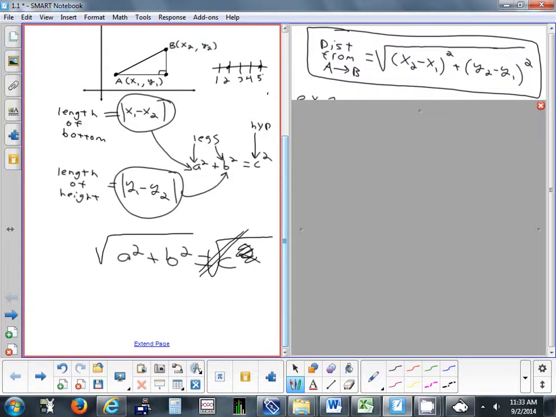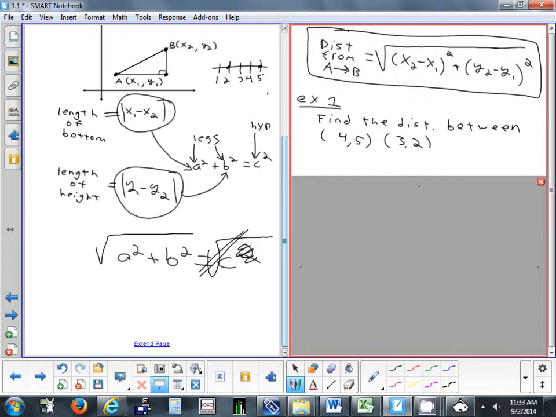Okay, so a lot of times what we do in trig is we're going to look at a diagram and try to figure out where the formula comes from, and then we're going to use it. Okay, so our first example says, find the distance between those 2 points. Now the points aren't labeled x2, x1, y2, y1.